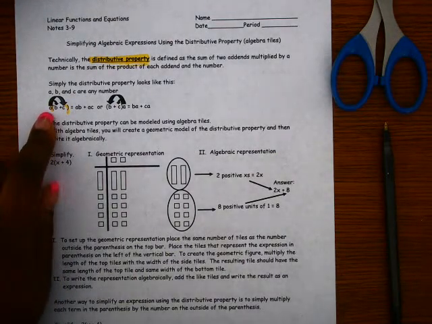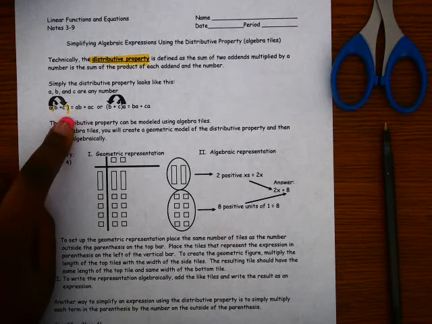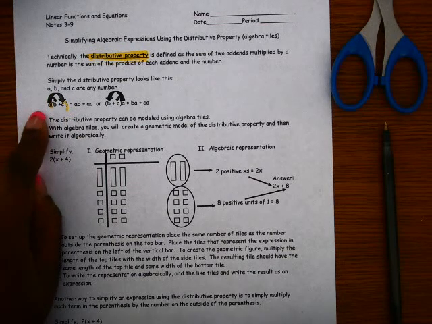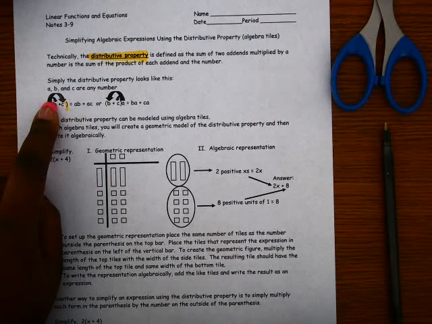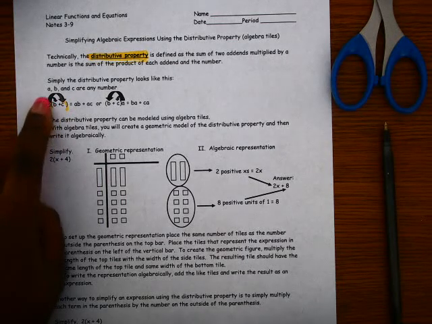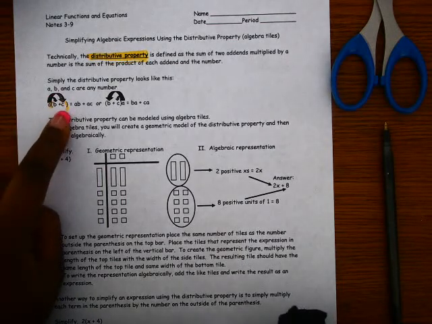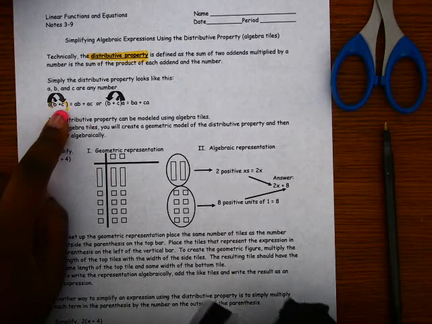So if we're starting off with A times (B plus C), what the distributive property tells me is that I can multiply A times B and multiply A times C, keeping the operation of addition in the middle.